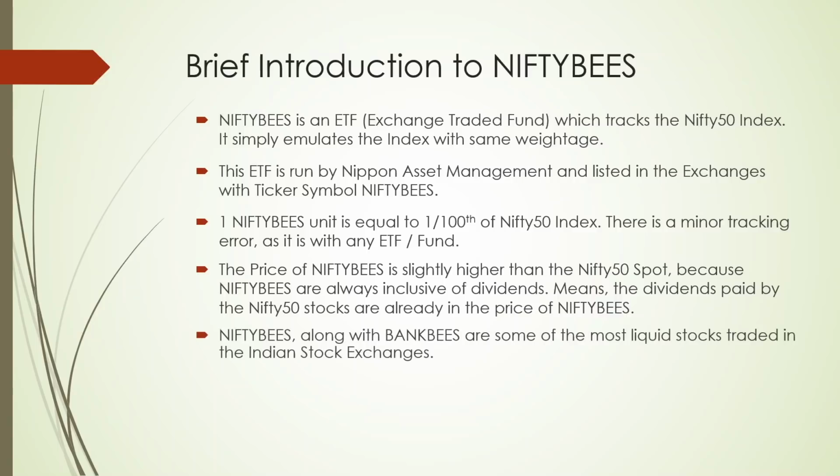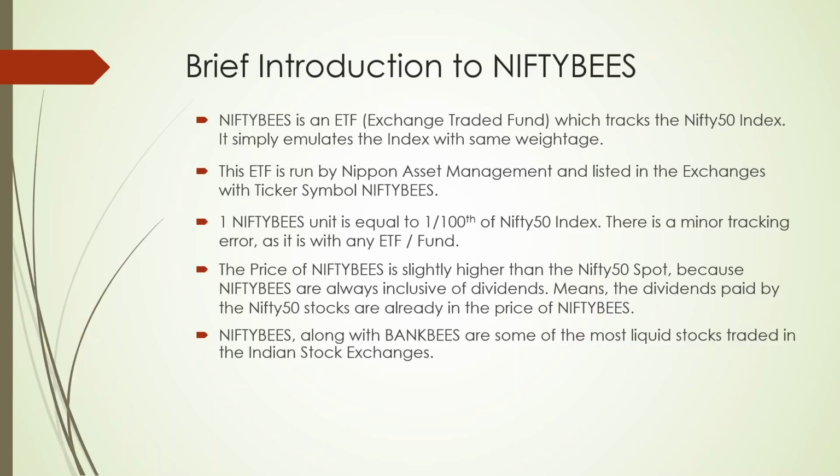Okay. So Nifty Bees along with Bank Bees. Nifty Bees is for the Nifty 50 index. Bank Bees is for the Bank Nifty index. These are some of the most liquid units traded in the Indian stock exchanges. Normally, there are some illiquid ETFs also, like the Junior Bees or ICICI Nifty ETF.